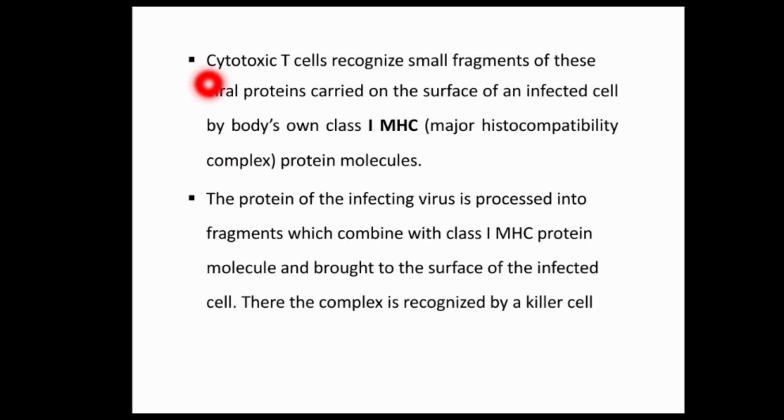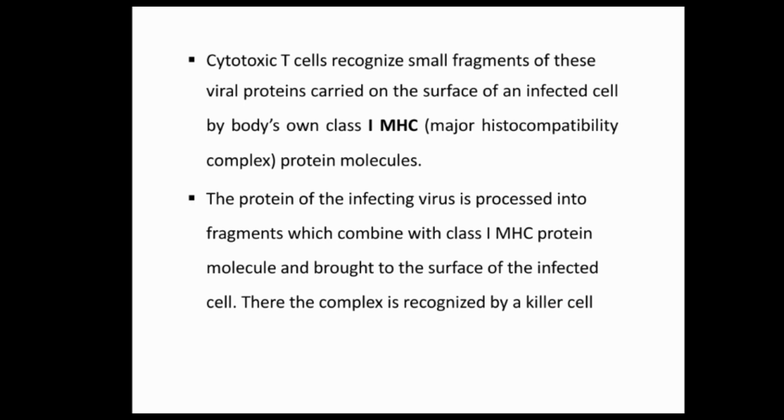Here, cytotoxic T cells recognize small fragments of viral proteins carried on the surface of infected cells by the body's own class 1 MHC protein molecules. The protein of the infecting virus is processed into fragments which combine with class 1 MHC protein molecules and are brought to the surface of infected cells. These complexes are recognized by the killer cells.